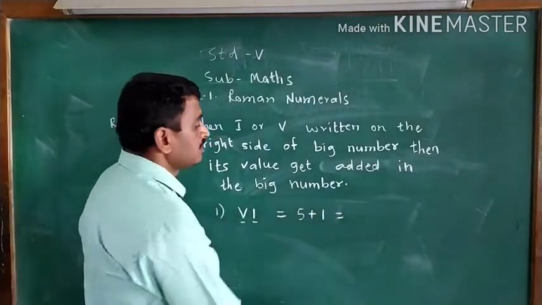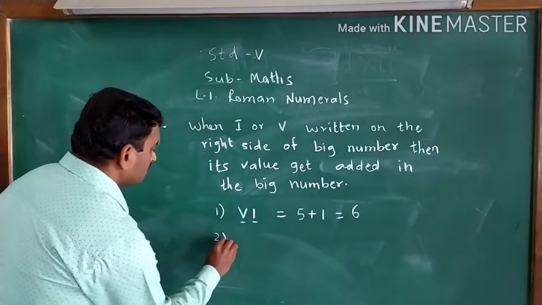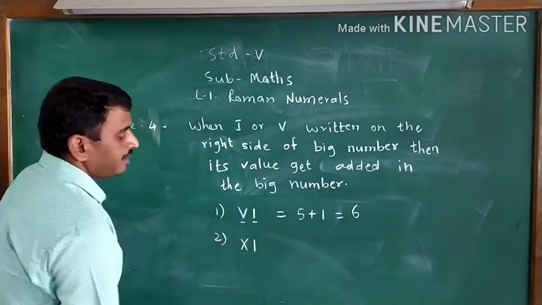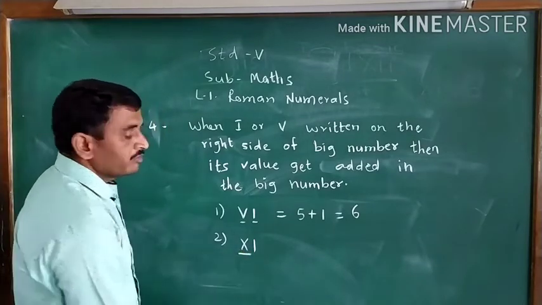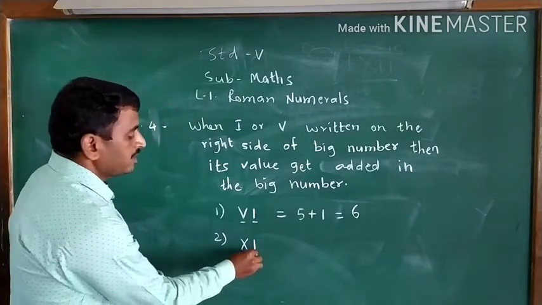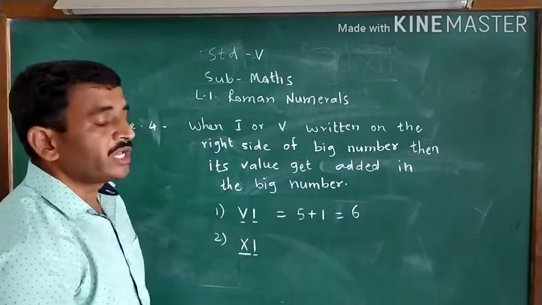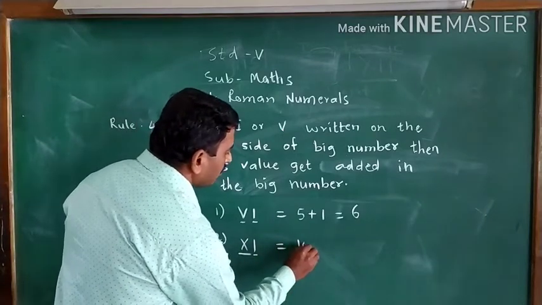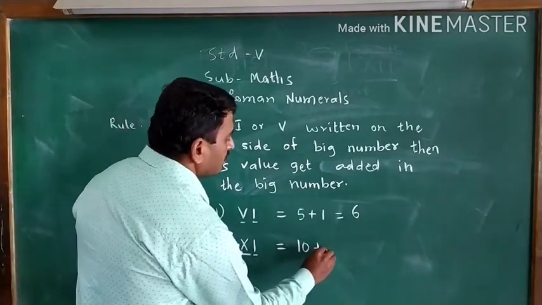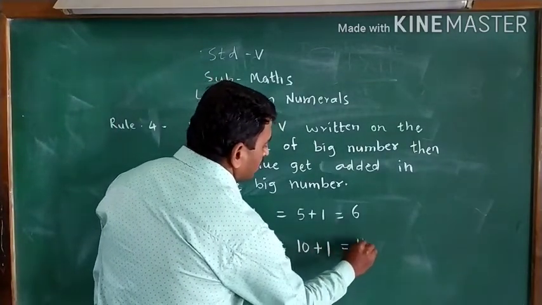We get answer 6. We take another example, XI. So value of X is 10, value of I is 1. I is on the right side of X, that's why we are adding the value of I into the big number. So value of X is 10 plus value of I is 1. So answer becomes 11.